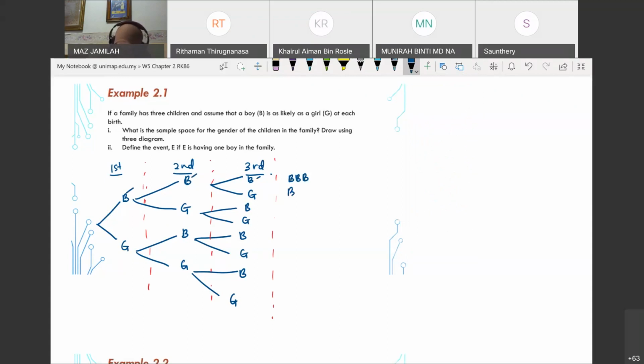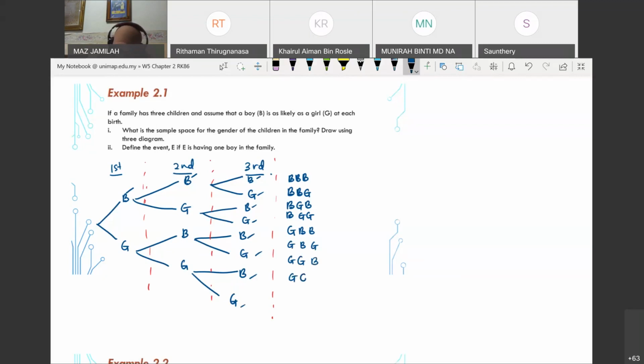Second is boy, boy, girl. Third, boy, girl, boy. Then boy, girl, girl. Done. And then the first is girl, boy, boy. Girl, boy, girl. Girl, girl, boy.